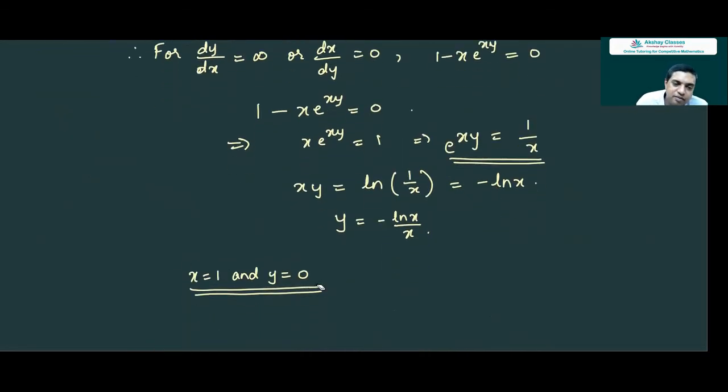And at that point, the tangent is vertical. At the point 1, 0, the curve has vertical tangent.